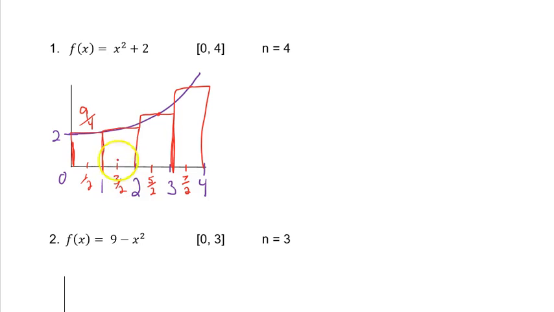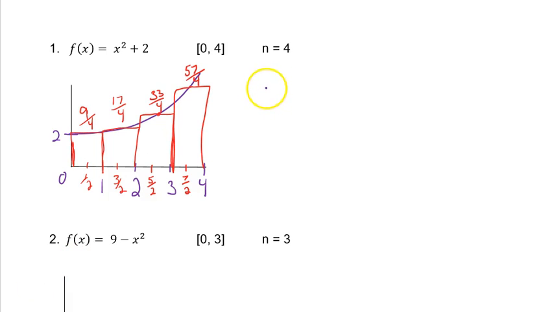Then 3/2 squared would be 9/4, plus 8/4 would be 17/4. Then 5/2 squared would be 25/4, plus 8/4 would be 33/4. And then 7/2 squared would be 49/4, plus 8/4 would be 57/4.